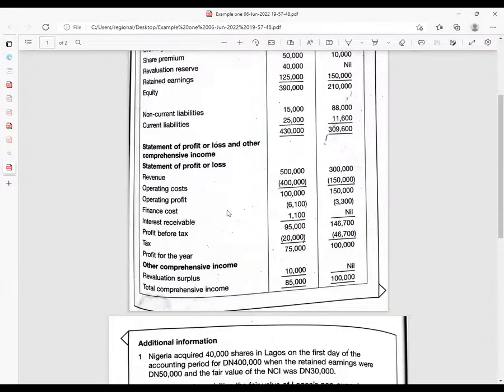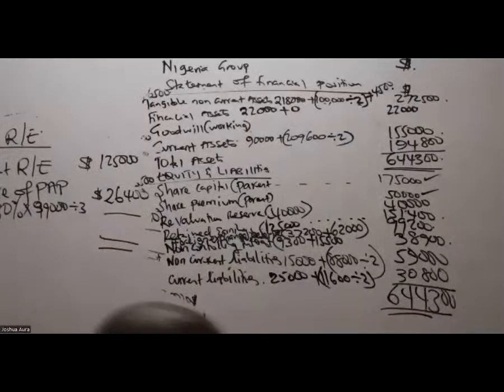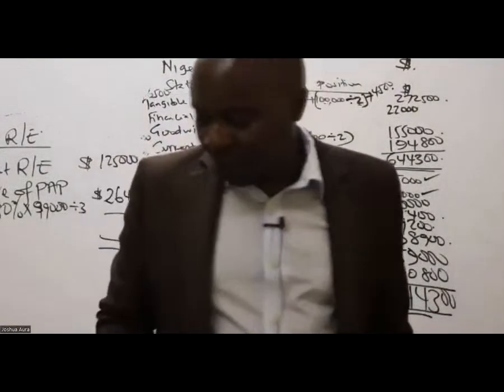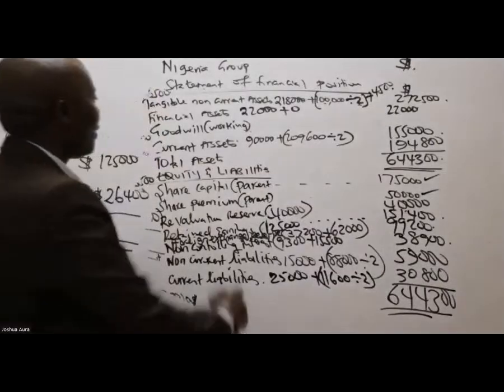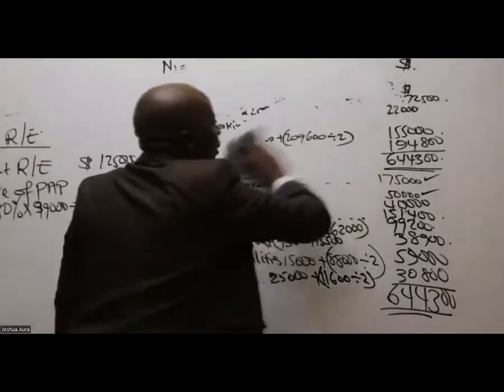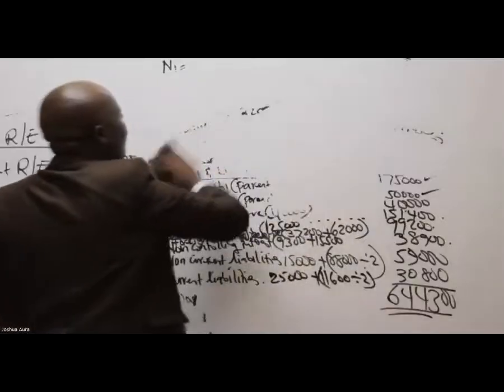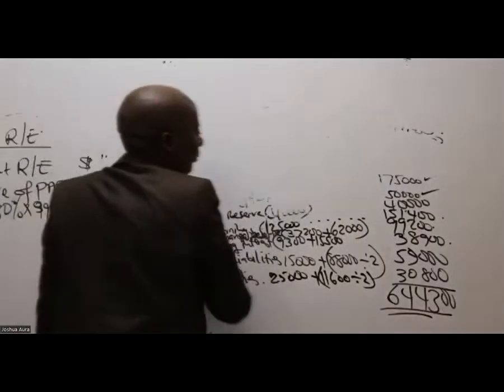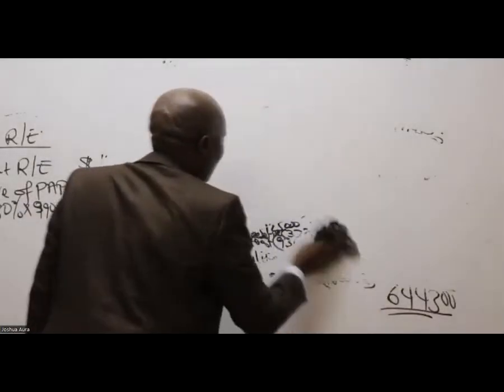So what I'll do is write the name first. We write the name of the group. The group is called Nigeria. So it's Nigeria group.